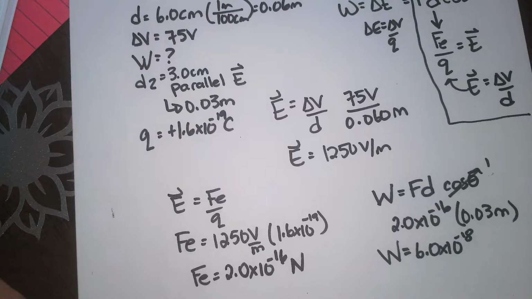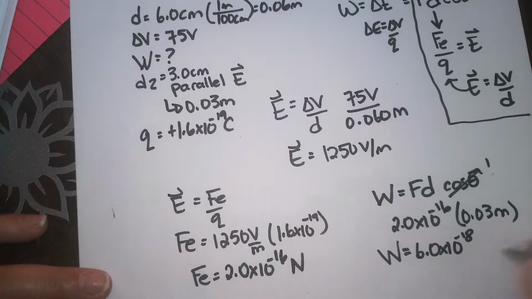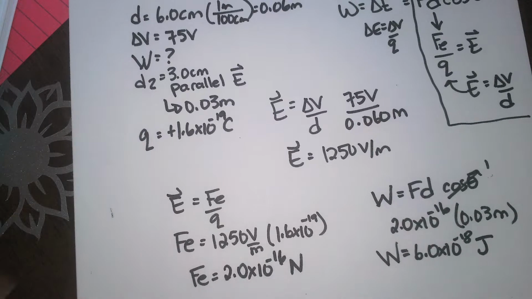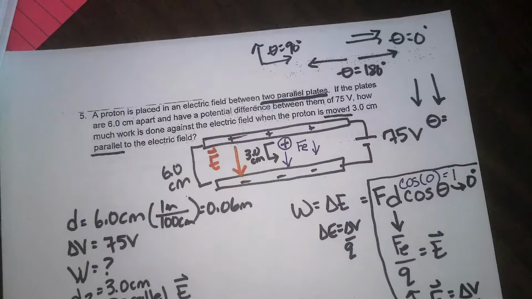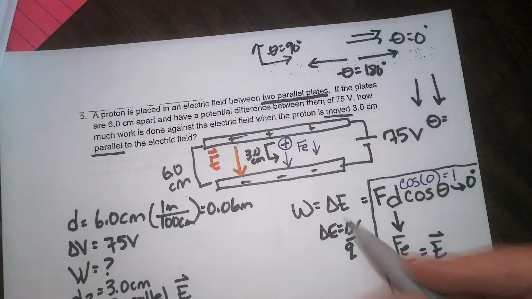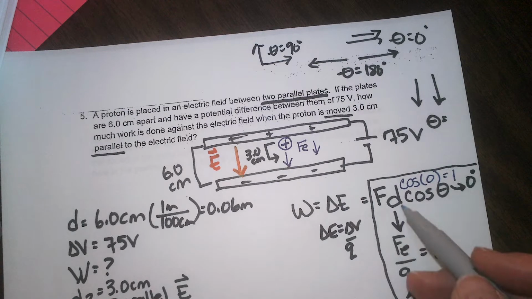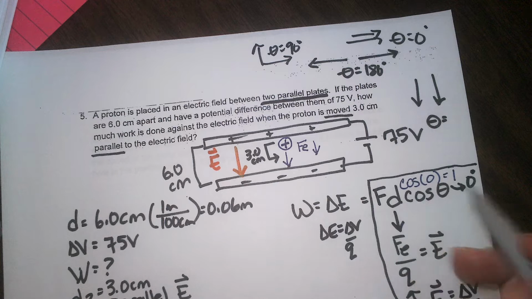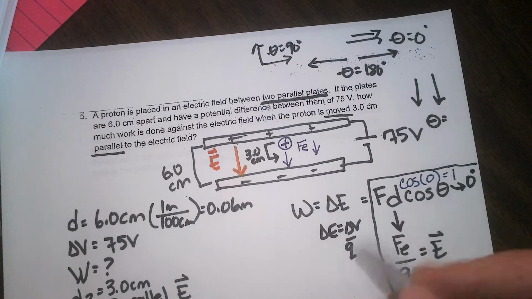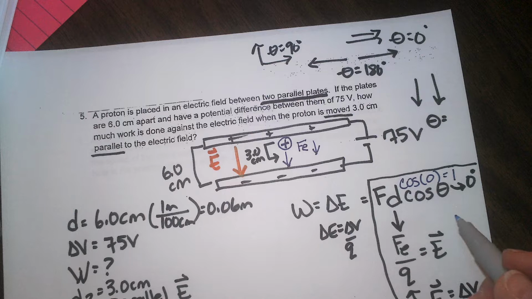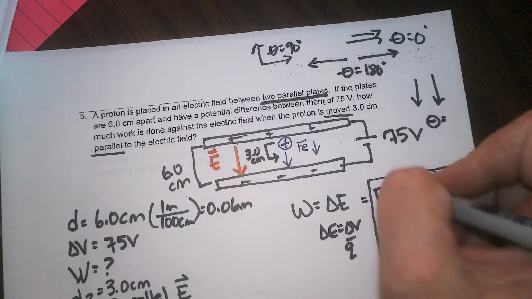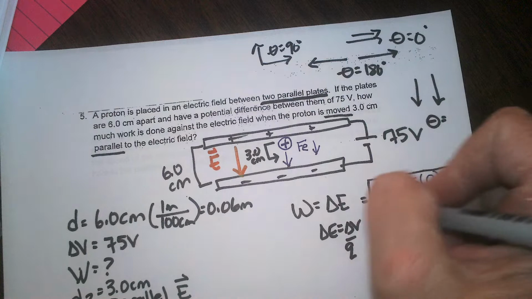What unit is work measured in? Joules. Okay. So when we go back up here for 2 seconds, we say that work is equal to change in energy. It's also equal to force times distance times cos theta. And I tell you that you can use either or. The easiest one to use was force distance cos theta because we were looking for this distance.